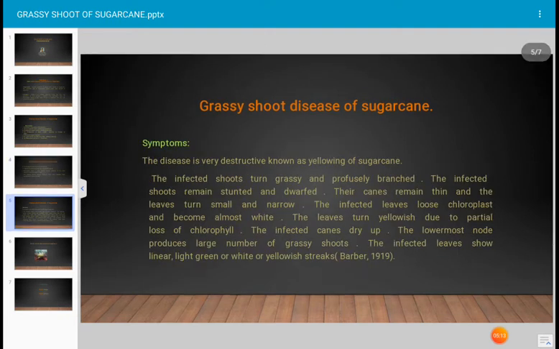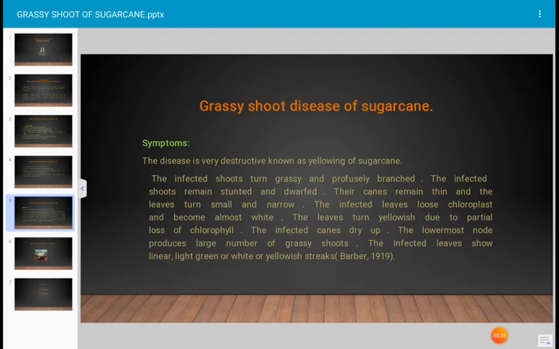And this pathogen causes grassy shoot disease of sugarcane. Let us discuss the symptoms. Even the symptoms you have to write. The disease is very destructive, and it is also called yellowing of the sugarcane.